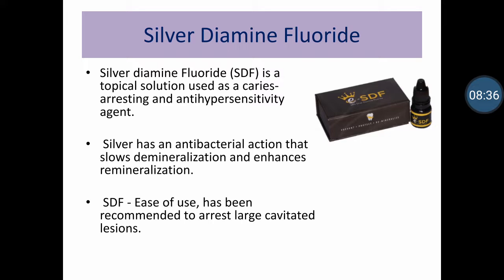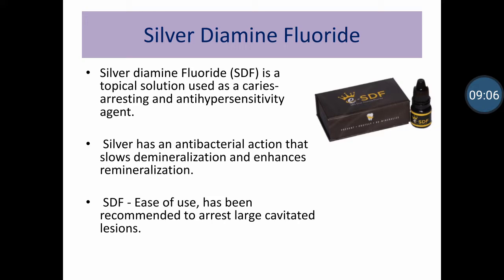So, here comes one of the fluoride modalities which has an effect on caries prevention, that is silver diamine fluoride, which is gaining popularity in recent times, though it has its own drawbacks, in that it stains the tooth surface. This topical application of silver diamine fluoride acts as a caries arresting agent.